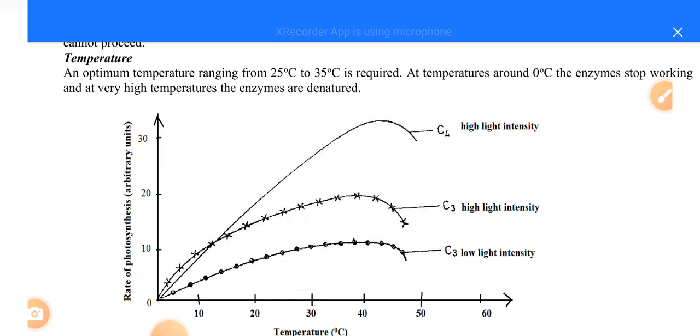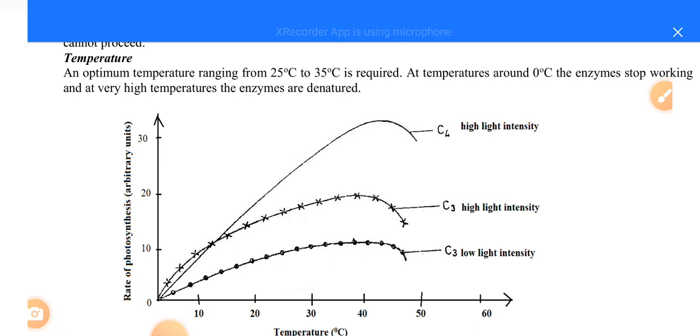Why? This is because the enzymes controlling photosynthesis are denatured. Remember, photosynthesis is an enzyme controlled reaction. So above 45, these enzymes are being denatured, or the three-dimensional structure of an enzyme is being distorted. Thus, there will be no further reaction.